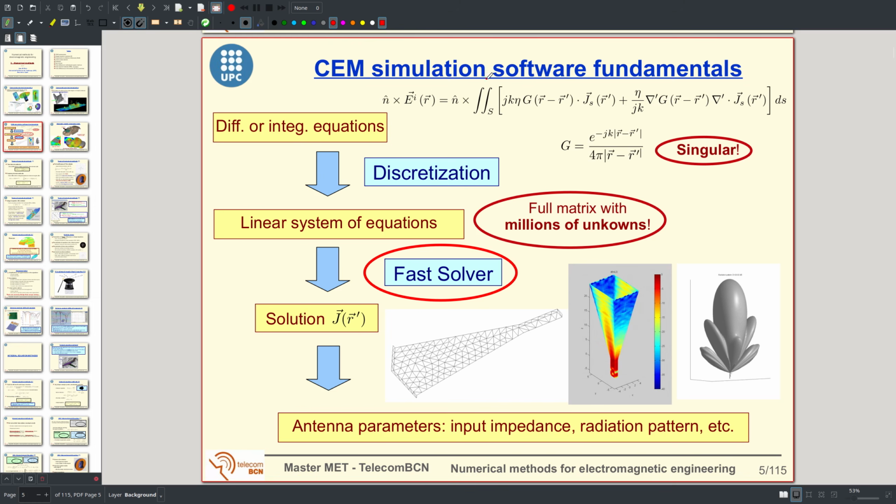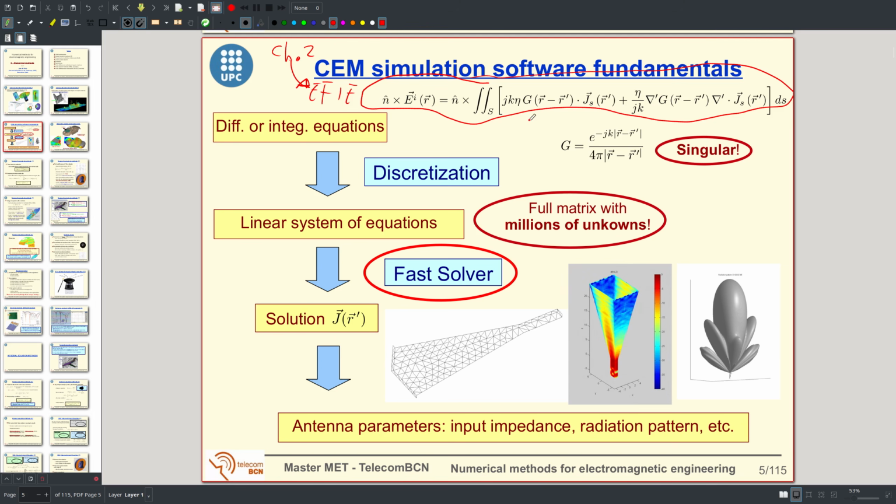We have the equation here. This is the electric field integral equation. Remember that we obtained this equation at the end of chapter 2 when we were explaining the surface equivalence theorem, and we derived surface integral equations, and one of them was the electric field integral equation, this one.